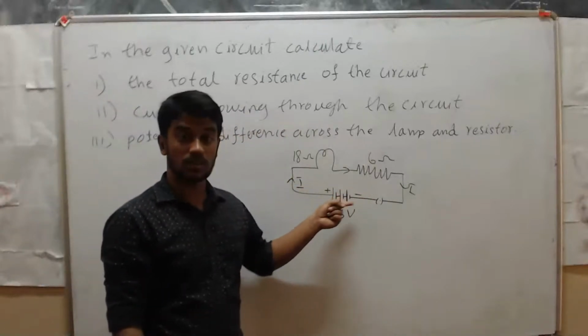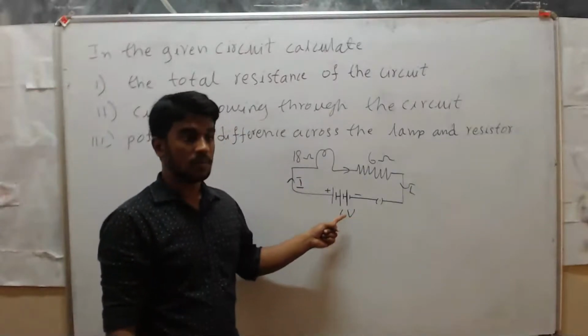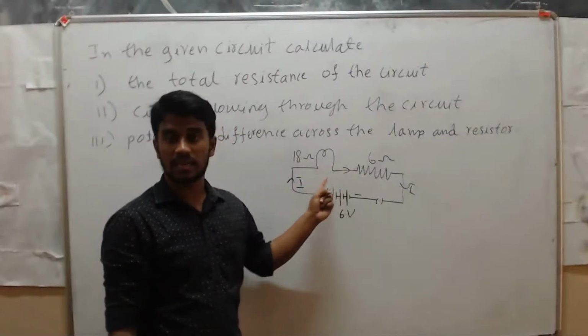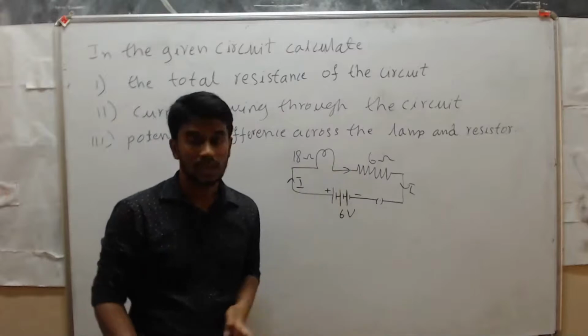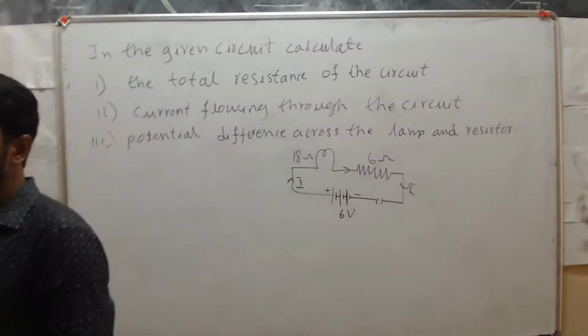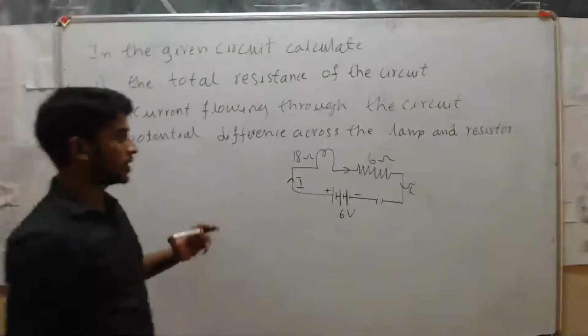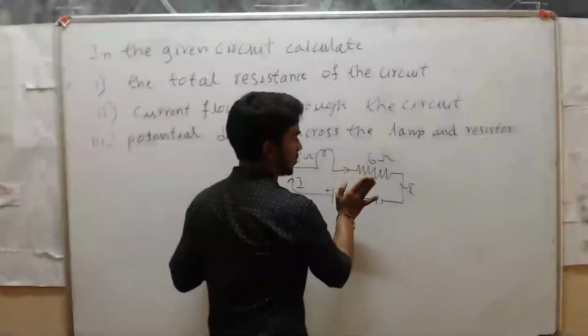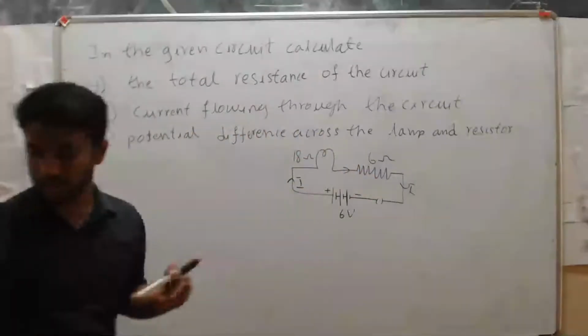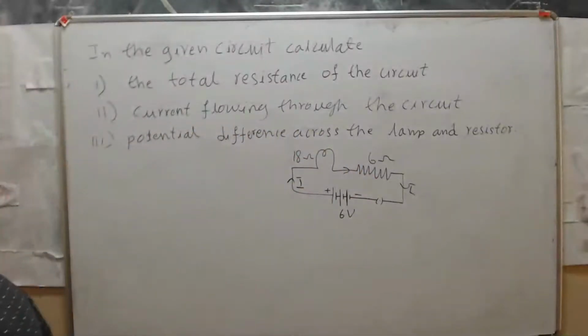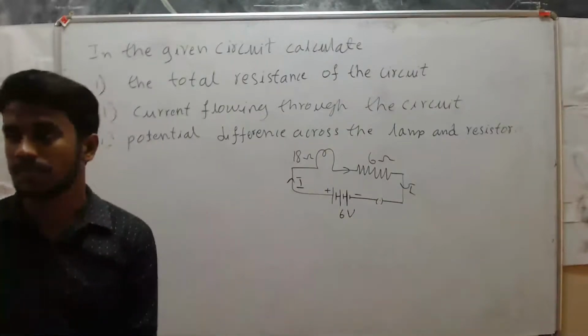Here the potential in the circuit is 6 volt. But now these two resistors are connected in series, so the potential difference is reduced. So calculate the potential difference across the lamp and across the resistor. See, this question was asked in the 2008 Delhi competition exam.